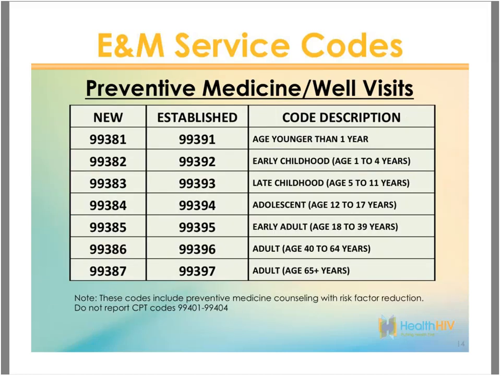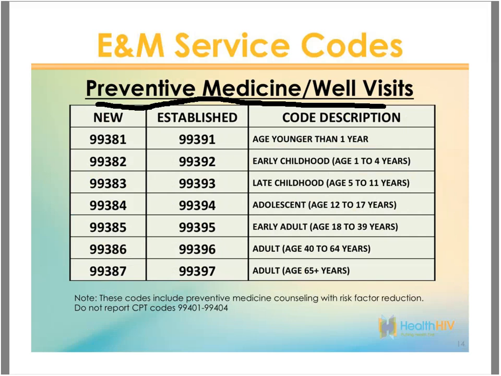The codes on this slide are used for preventive medicine visits. So these codes are only used to reflect when a patient presents with no complaints, and the term that's used to describe these codes, as we discussed in installment 1, are well visits. So these codes are used for your patients that are coming in for your well visits.